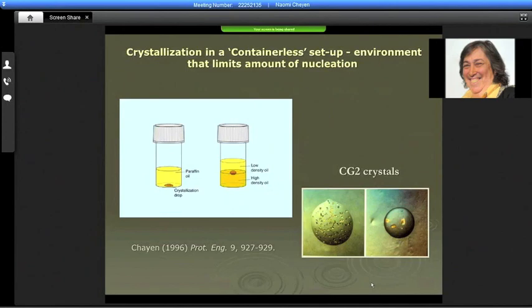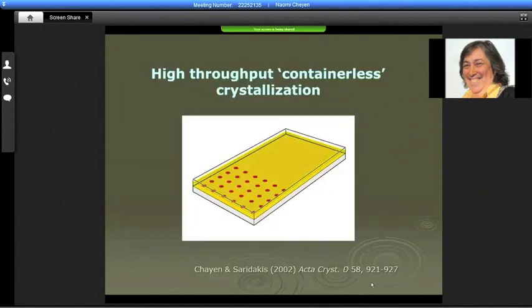Now, this is the idea of it, between two oils. This is fiddly. I wouldn't advise anybody to start fiddling between two oils, but you can do it now in high throughput. You can use the plates that we would put under the robot to do normal microbatch.